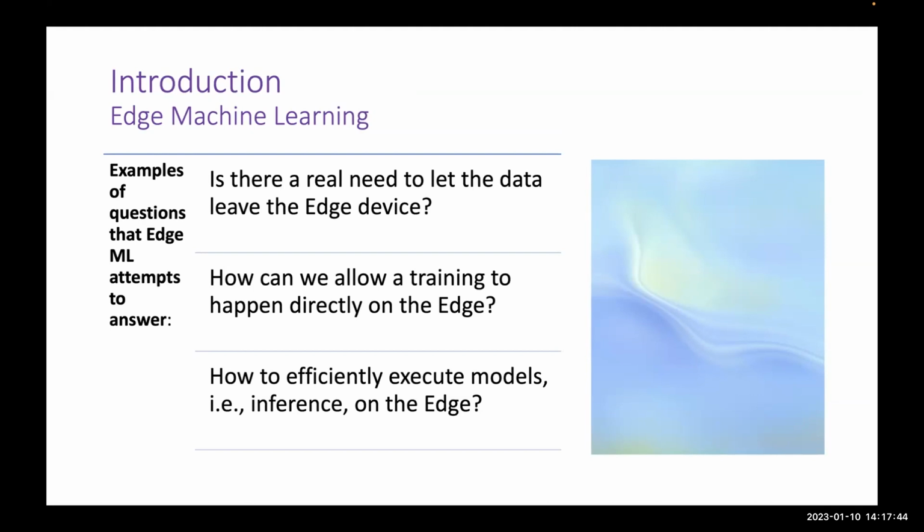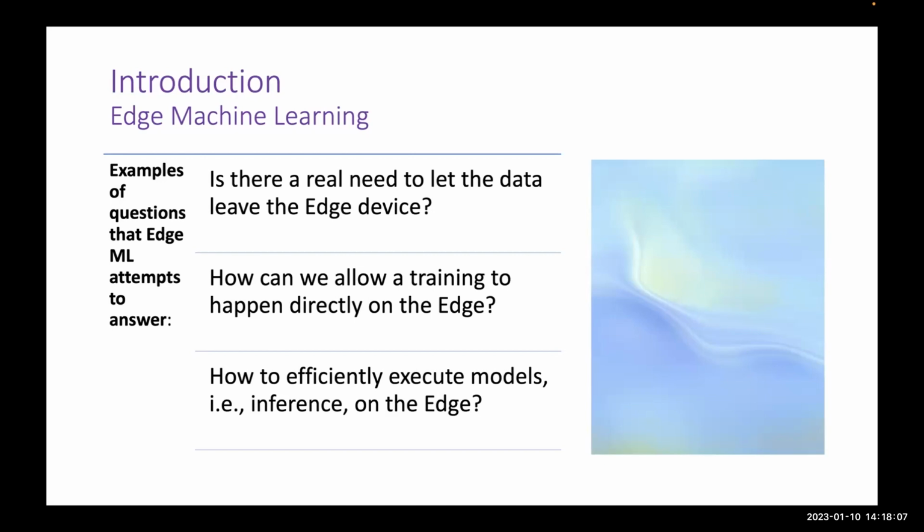So I think this question is valid, and I would say the answer is that there is no hard reason to let the data leave the edge for the cloud, unless there is a cooperative work that we can also always consider. How can we allow training to happen directly on the edge?